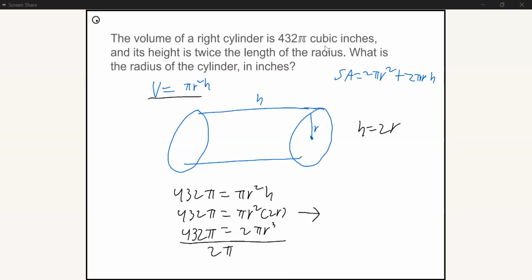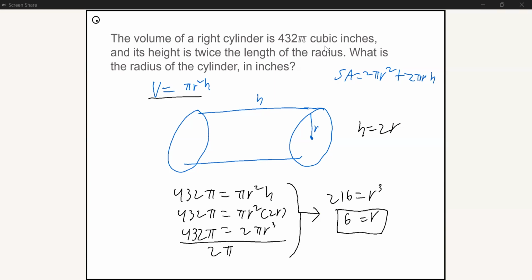And then you're going to get 216 equals r cubed. And you can put that in the calculator and find it. You could also do it hopefully mentally and know that r equals 6, which is my favorite number. One day we'll go over why that is.